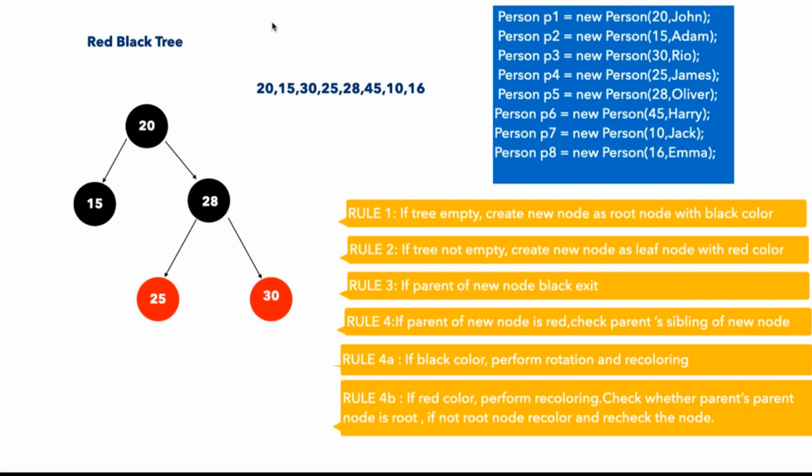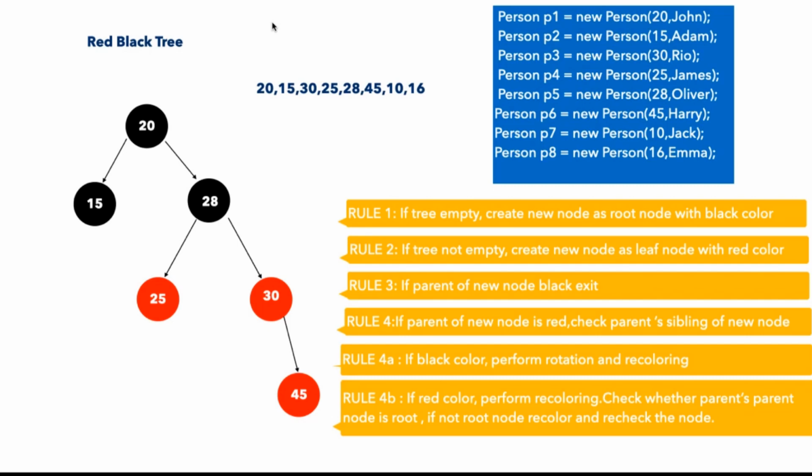Step 6. The next node is 45. It should come as right child of node 30. It also follows the rule to mark this color as red with the leaf node. Again it violates the red relationship for parent and child. So we need to follow some rule.